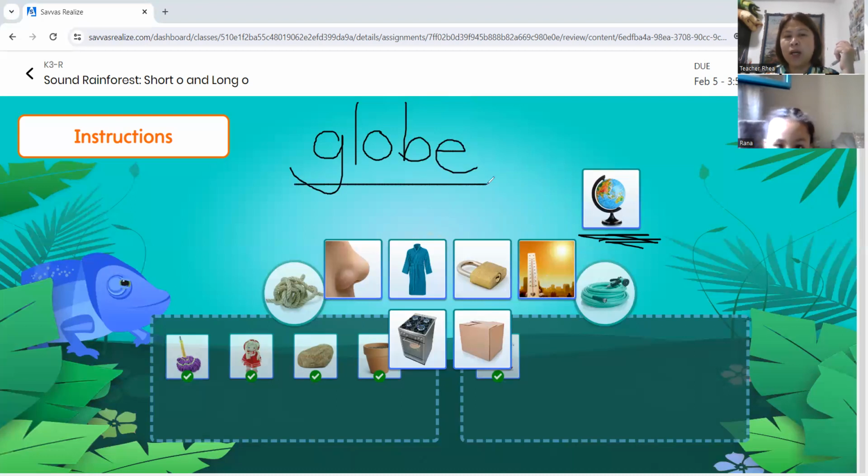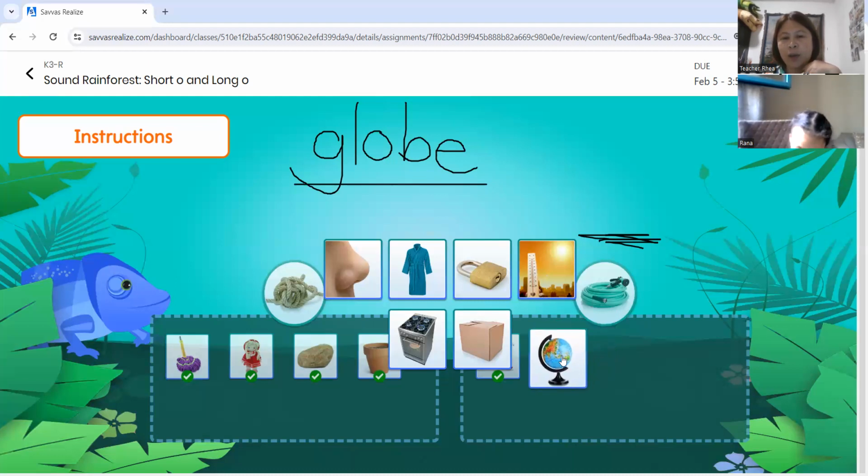Globe. So is it a short O or a long O? Long O. So where are we going to put globe? Under the knot or under the hose? Under the hose. Very good.